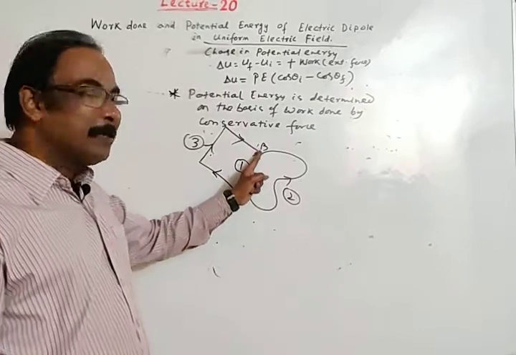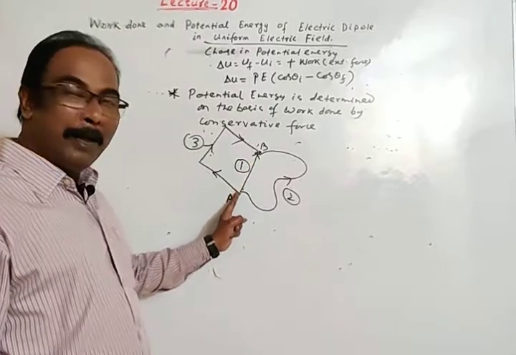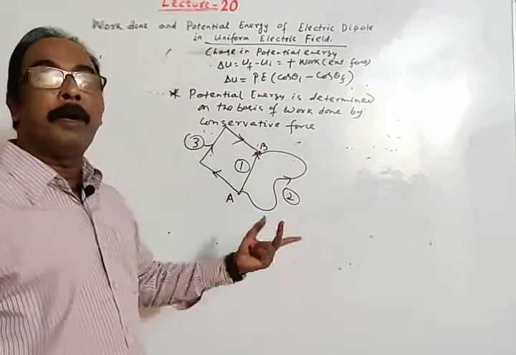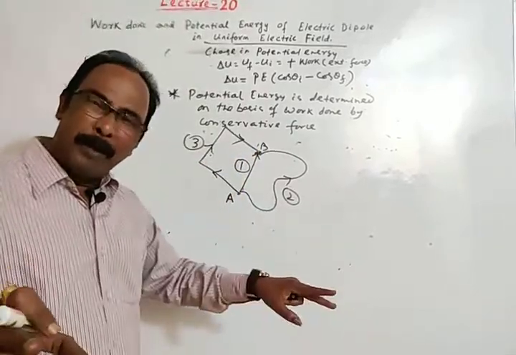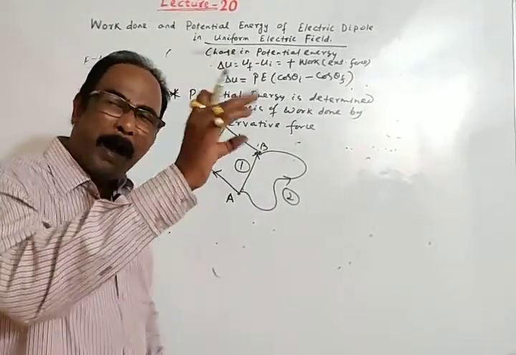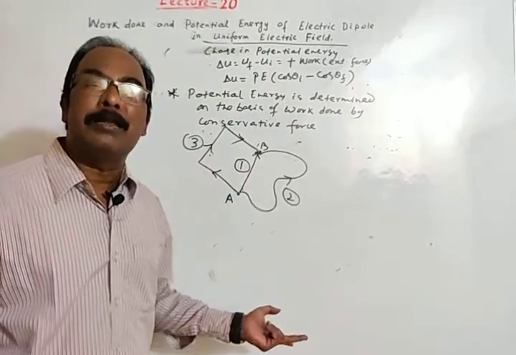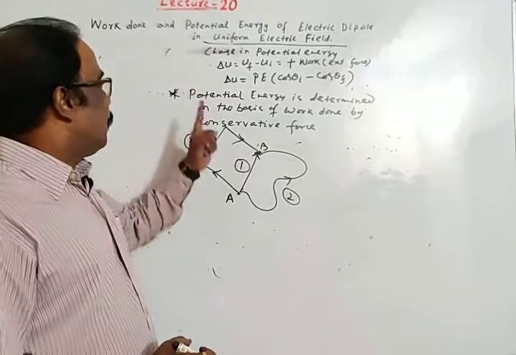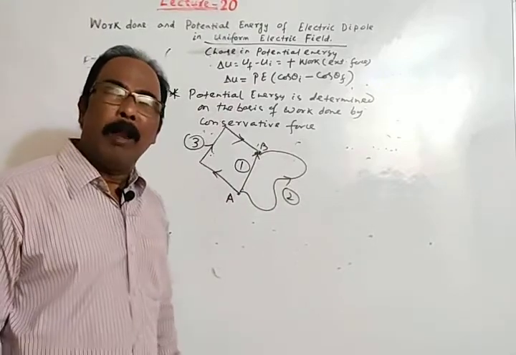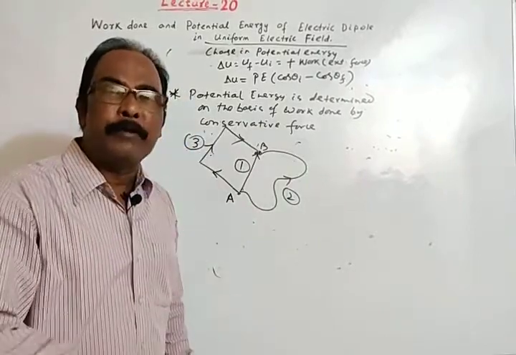Between position A and position B, I have shown you 3 paths to take a body or to take a system from initial position A to position B in different paths. So if paths are different and non-conservative force depends upon path, along different paths work will be different. So change in potential energy is different. So change in potential energy on the basis of non-conservative force doesn't require any reference point.